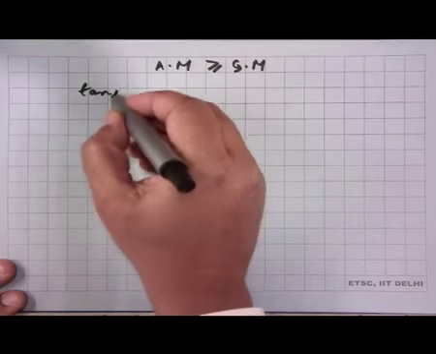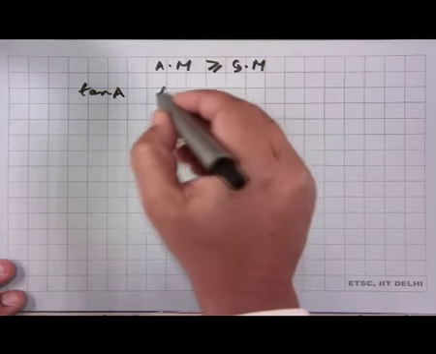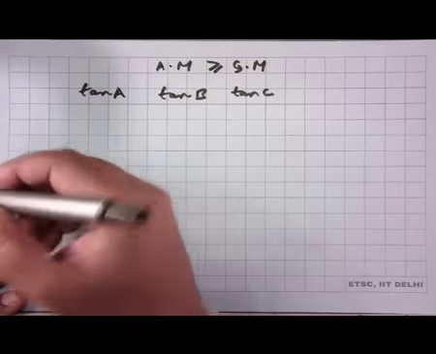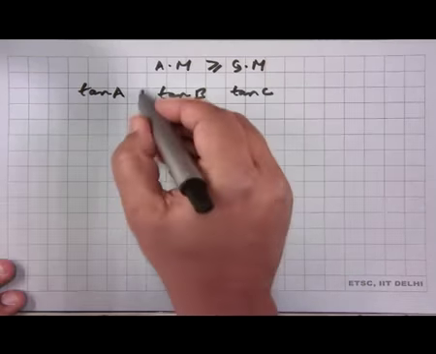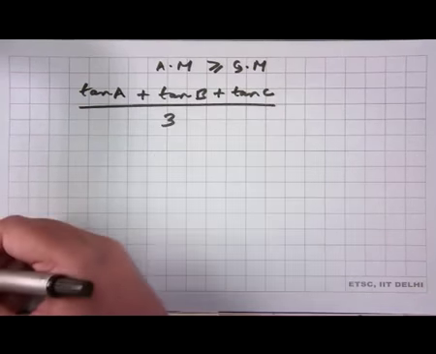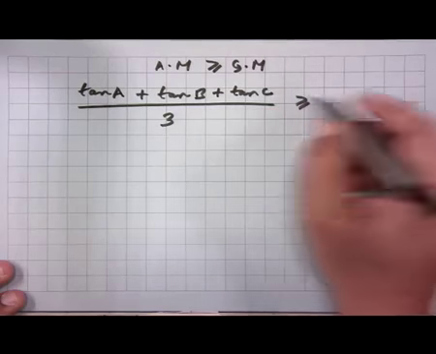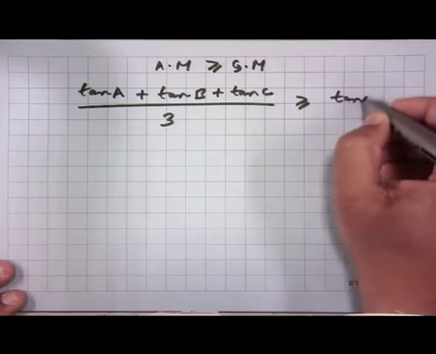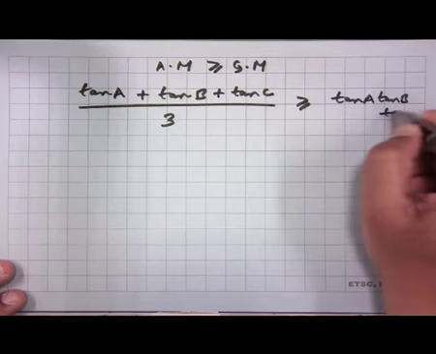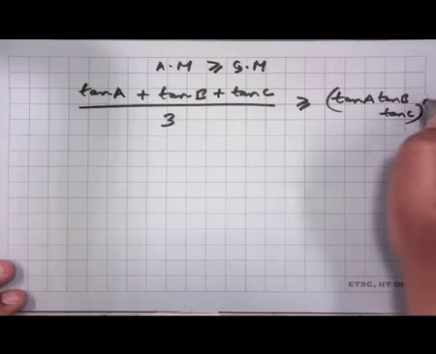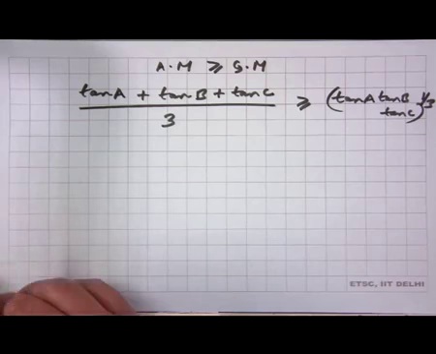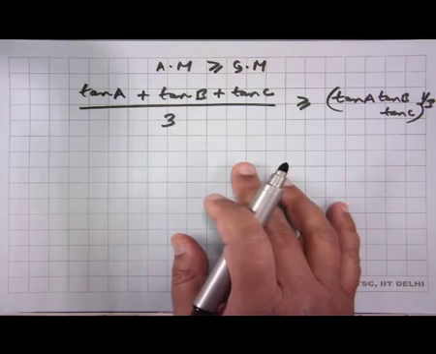So, let us consider these 3 numbers: tan A, tan B and tan C. Their arithmetic mean is this, and this has to be greater than or equal to the geometric mean. The geometric mean is tan A into tan B into tan C to the power of 1 by 3, the third root of their product.